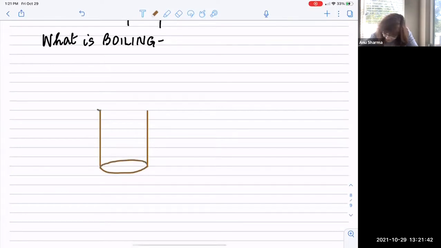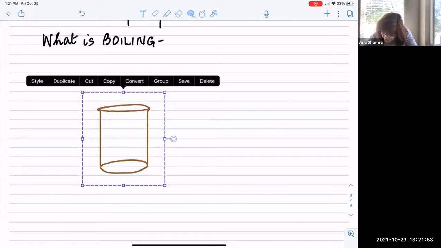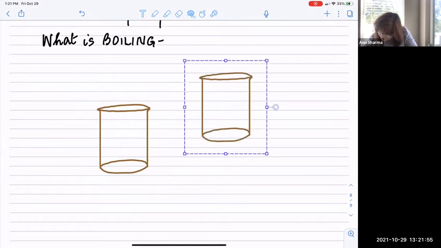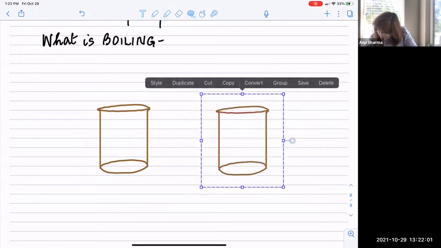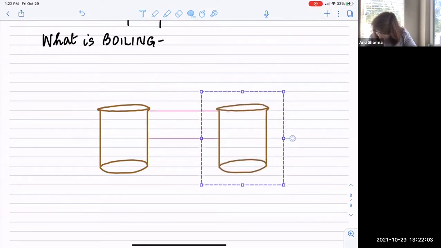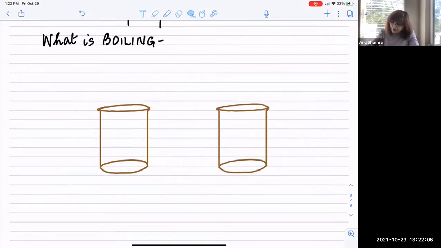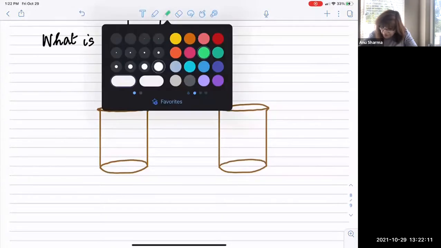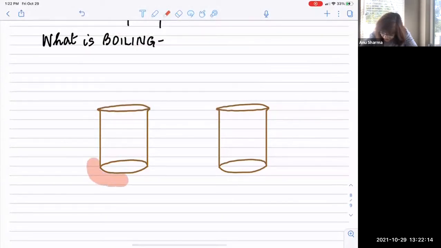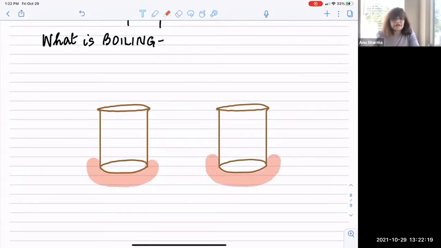I'm going to copy this and put it here. So two scenarios. In one scenario, we are just boiling pure water. In another scenario, we are boiling water in which there is a solute.